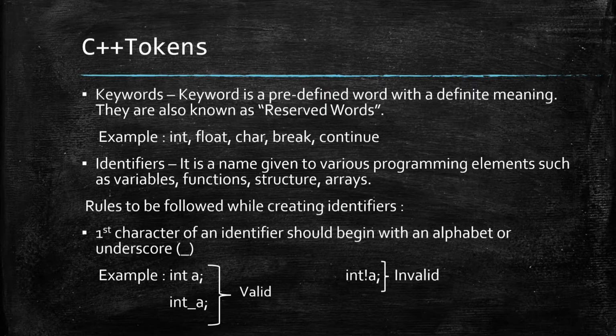Either it can be an alphabet directly, or it can begin with your underscore. But it should never begin with any exclamation mark or any hash symbol. So those are all invalid for identifiers.